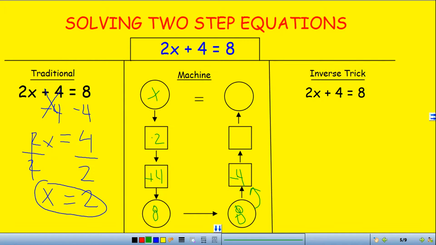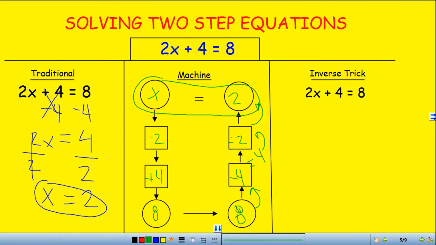So I have 8 minus 4, which equals 4. From there, since I had multiply times 2, I'm going to do the inverse, which is divided by 2. So 4 divided by 2 is going to equal 2. So my final answer is x equals 2.